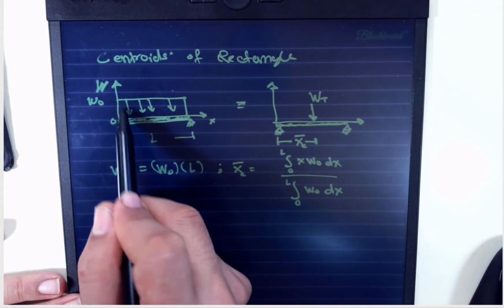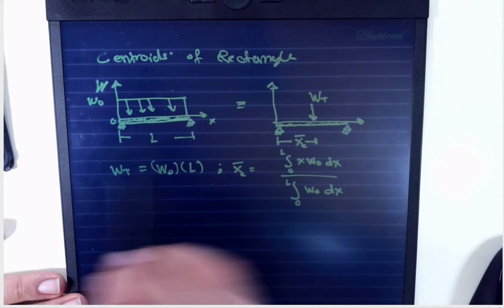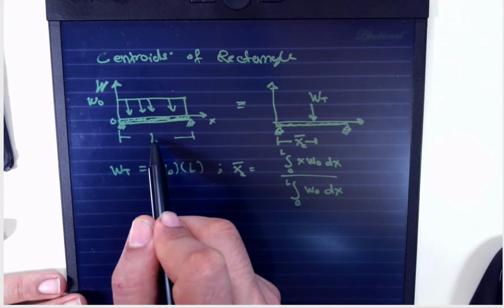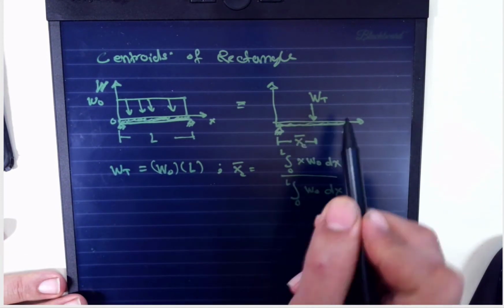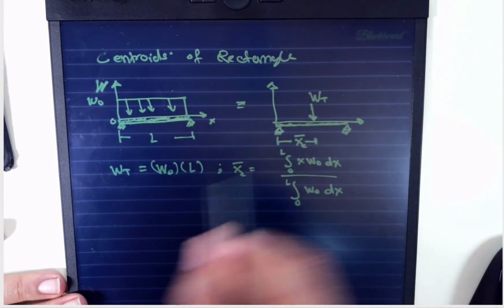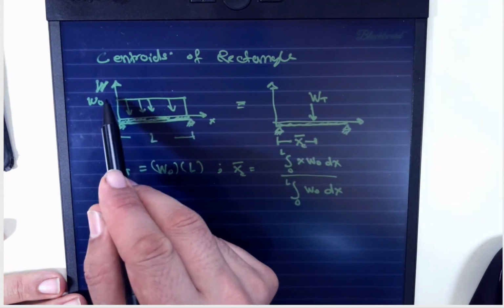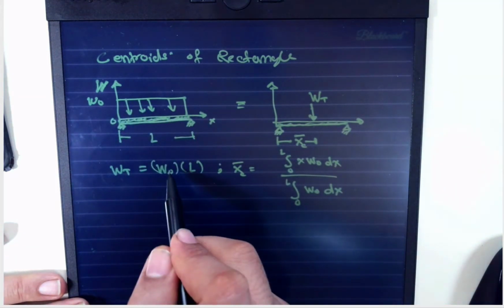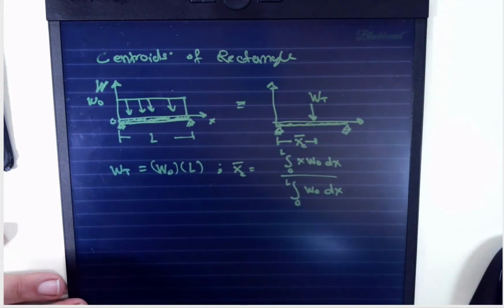It has a rectangle shape with a height w naught, acting on a cantilever beam or any beam. The total length is L. We want to find the equivalent system that has a total resultant force, which is the integration of the force per unit length over the length, which is the area under the curve, which is simply w naught multiplied by L.